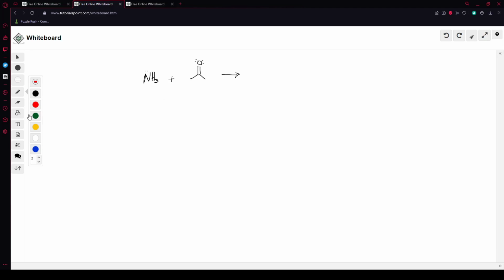So once again, we're going to attack acetone, and our electrons are going to attack here, knocking these electrons back, and it's going to give us a compound where we have a negative oxygen, but this time we also have a positive nitrogen on the opposite side of the product.